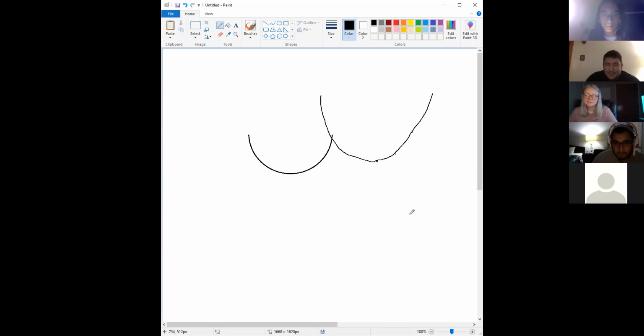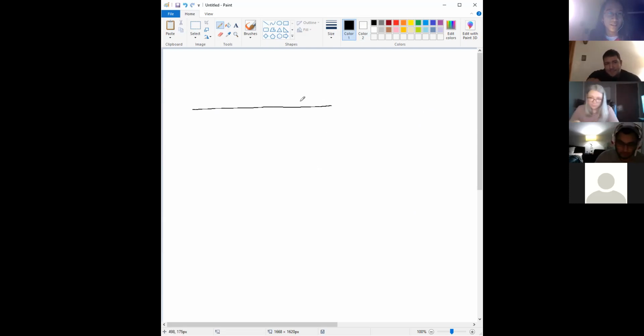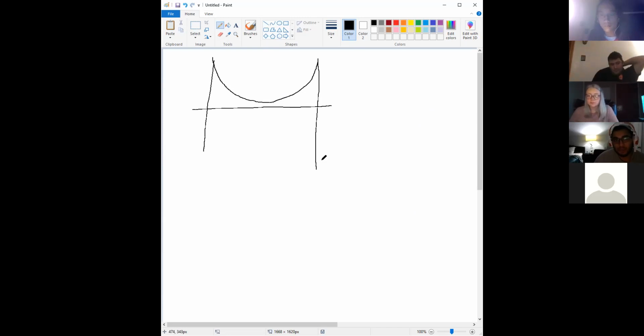What you talking about? So we have a bridge. Does everyone understand why it's a parabola? Is this a graph, or what is this supposed to represent? It resembles the parabola graph.